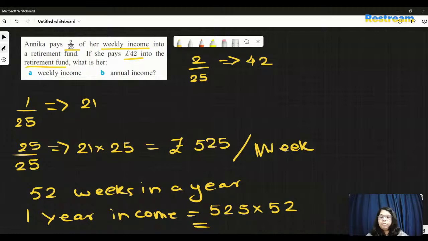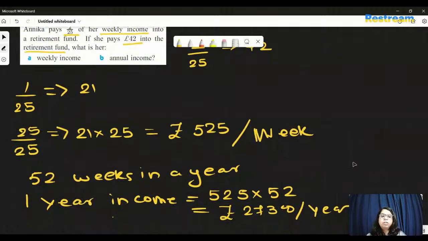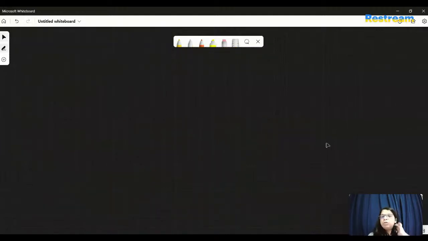So it's 525 times 52, which is equal to 27,300. So she earns 27,300 per year. So this was how you convert the given data into one unit and then multiply it with whatever units they have asked. Okay. So next one, we are going to do square roots of fractions.